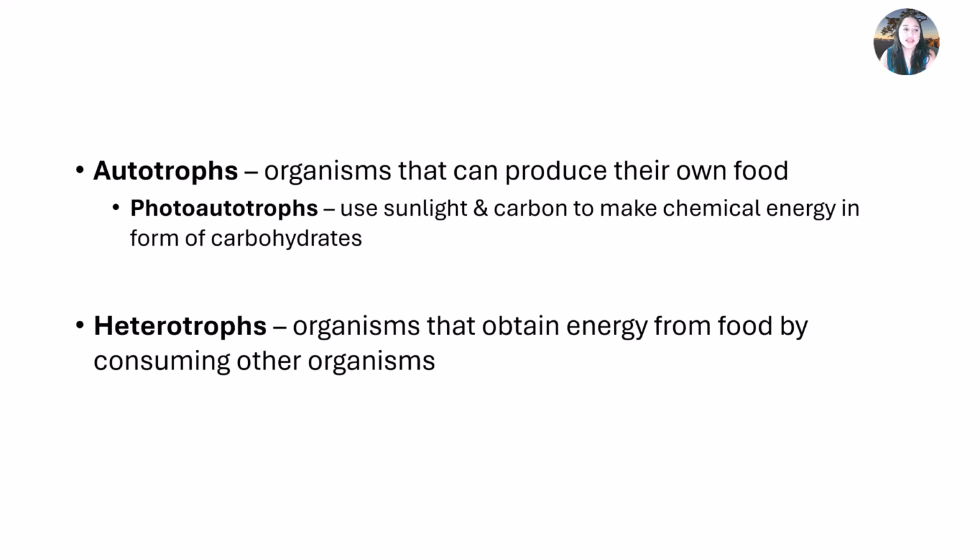Ultimately, heterotrophs get their food because you could trace back down the food web or food chain to the point where autotrophs were eaten to make the energy that we can break down for cellular respiration.